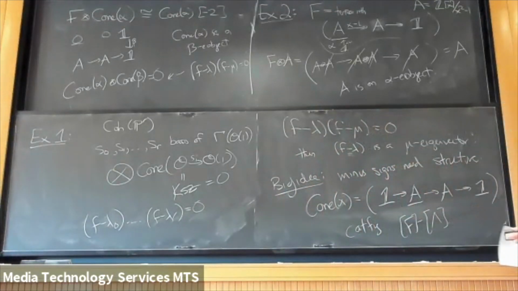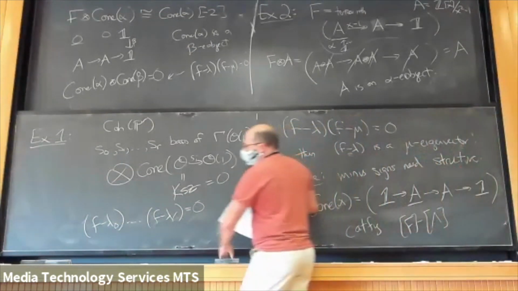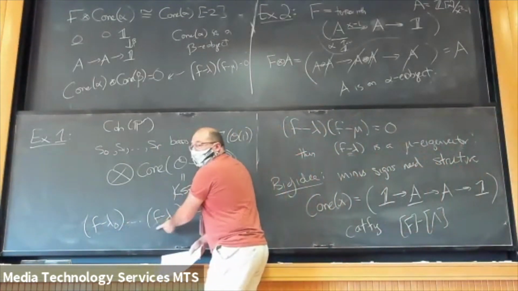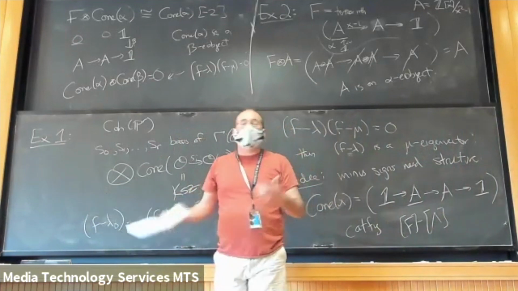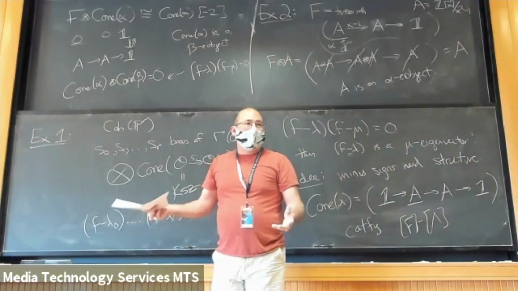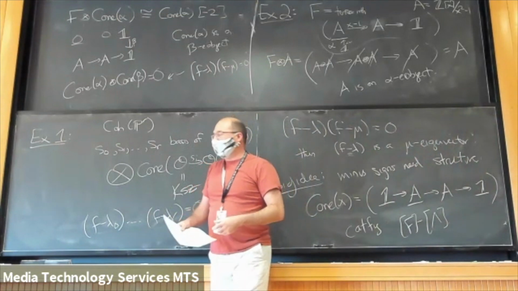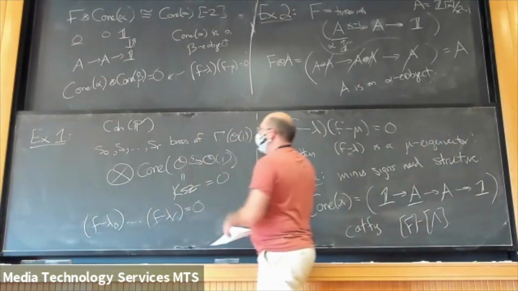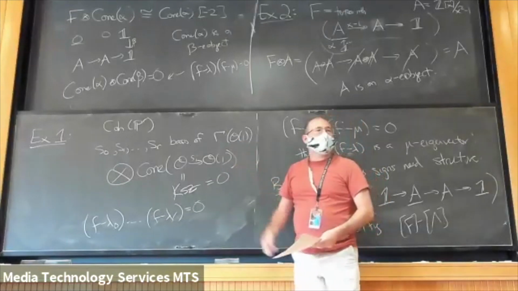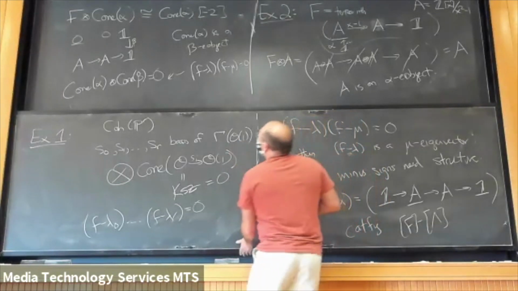Absolutely, that's very much a cause for concern. So one thing that's true in linear algebra is that these operators, f minus lambda 0 and f minus lambda 1, all commute with each other. The polynomial ring in f is commutative. But the polynomial ring in this functor, capital F, is not commutative. So we need to impose some sort of commutativity conditions on these maps for our theory to work.